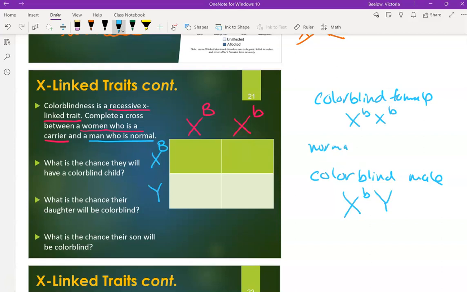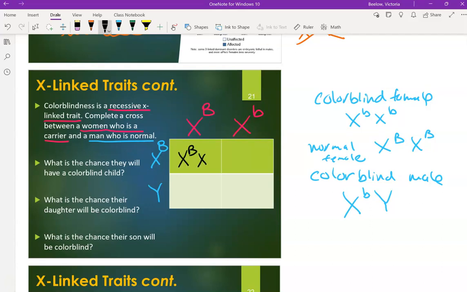And another normal female who is not a carrier would have both normal. So this is a normal female who is what we wouldn't call a carrier. This female we're calling a carrier because she is carrying the recessive trait.